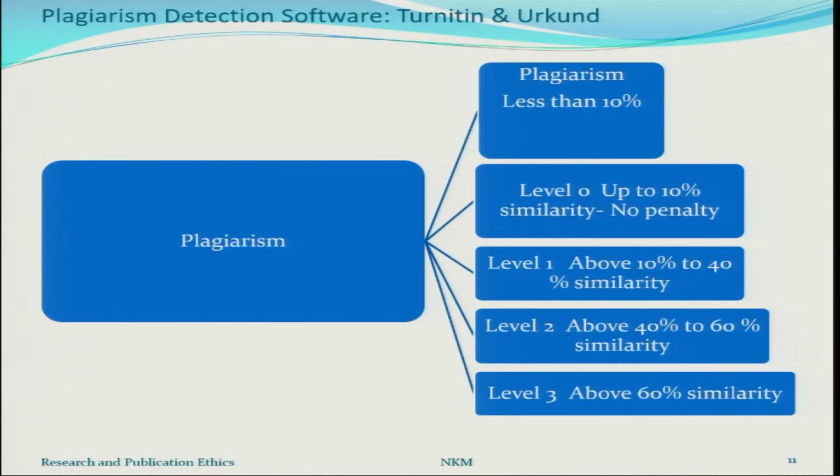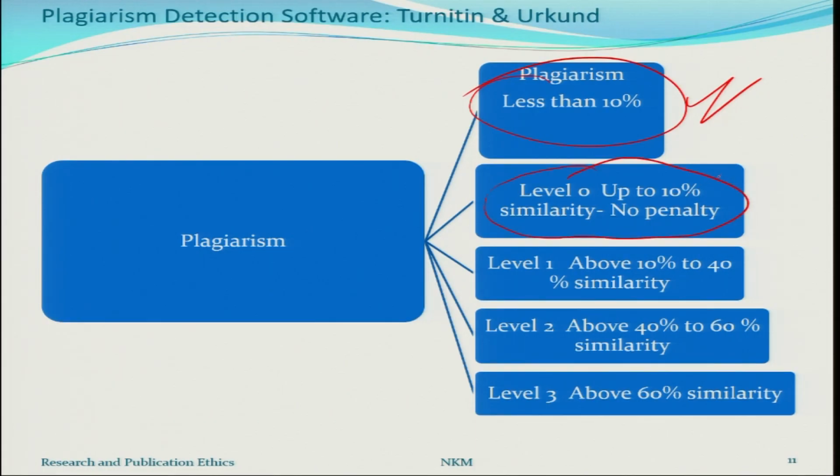So, of course, we know plagiarism is measured by what we call similarity percentage. According to UGC norms, any similarity less than 10% does not come under any academic offense, or any punishment or any kind of action taken by the institution. So, less than 10% similarity is permissible in the research, up to 10% there is no penalty, right.